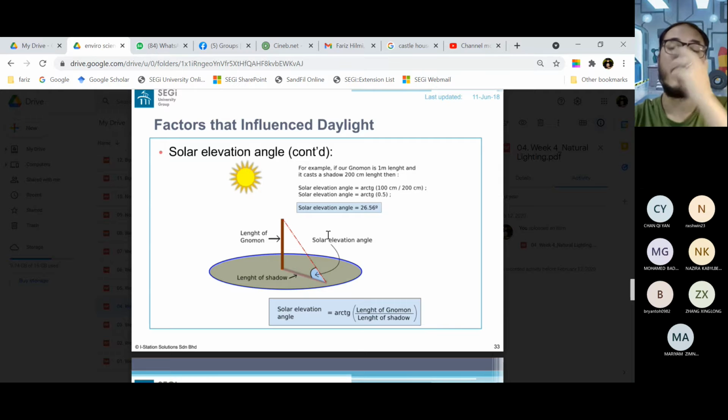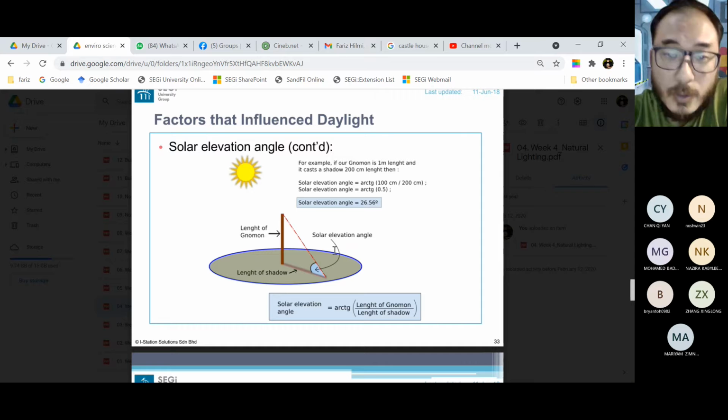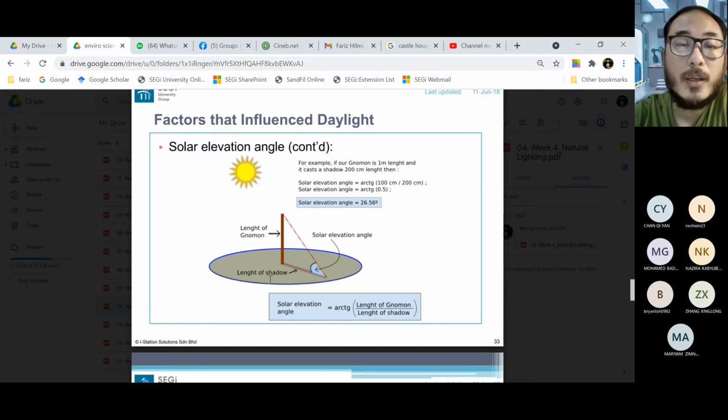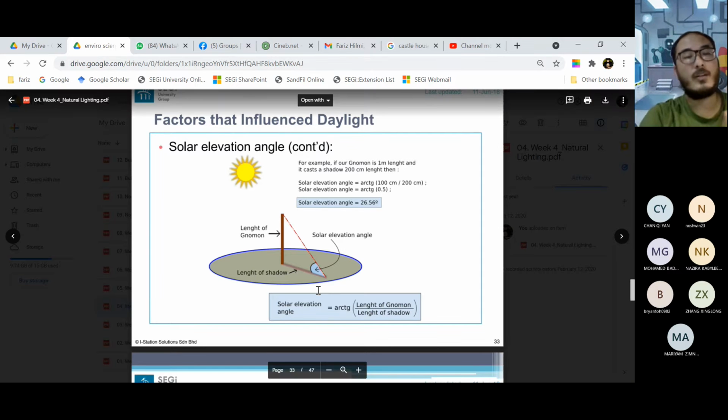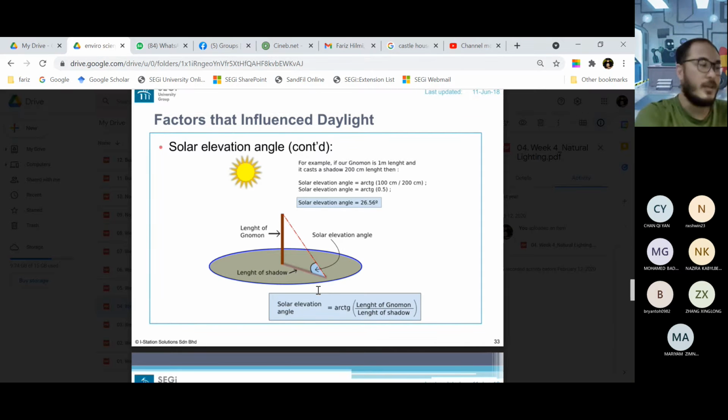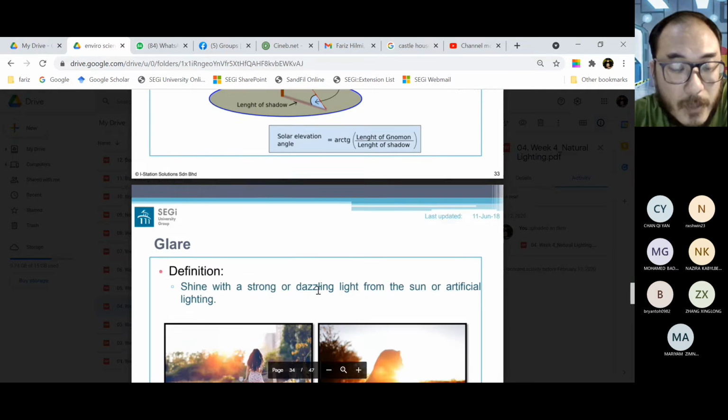Then you get solar elevation angle. We don't do this in architecture. What we learn is actually the shadow path, shadow movement. Morning, where is the shadow like that? Then evening is different in terms of shadow position. We only learn that.